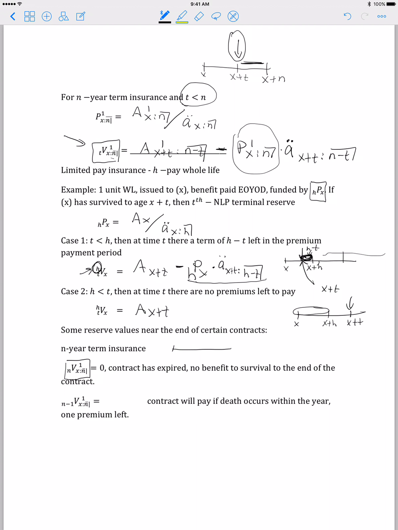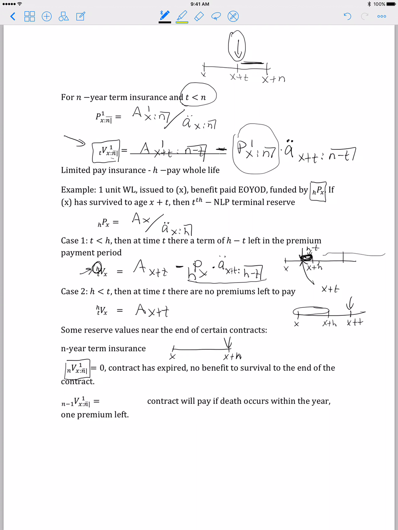Well, you're trying to find the company's liability at the time the contract expires. But since the contract expires and it's a term life policy, the company's liability is zero. So that terminal reserve at the time the contract expires is equal to zero.